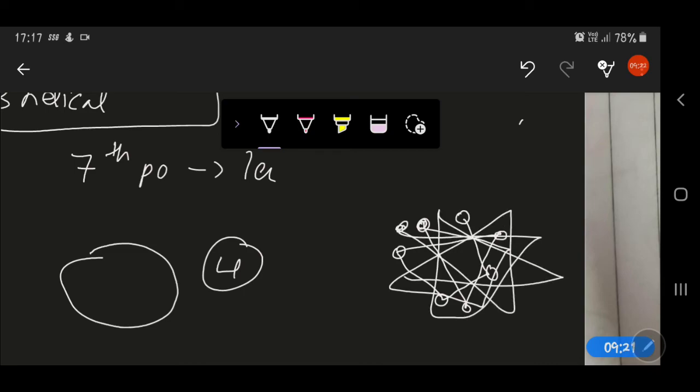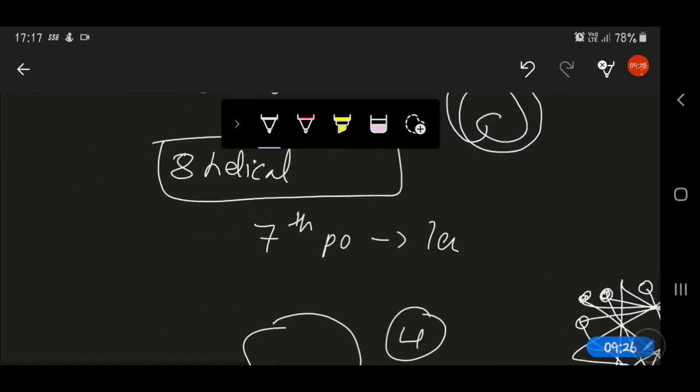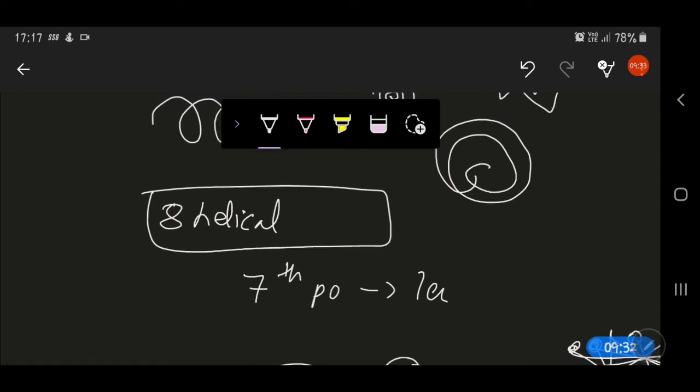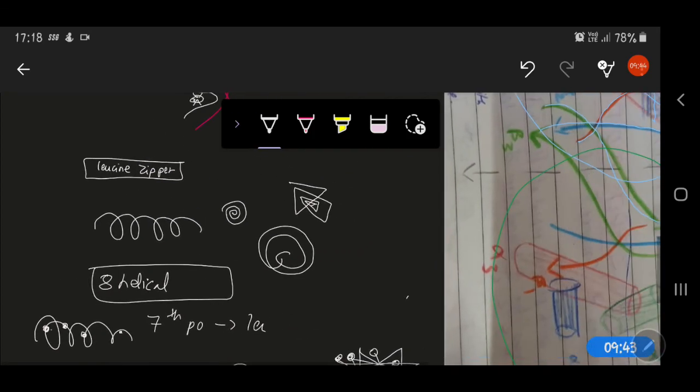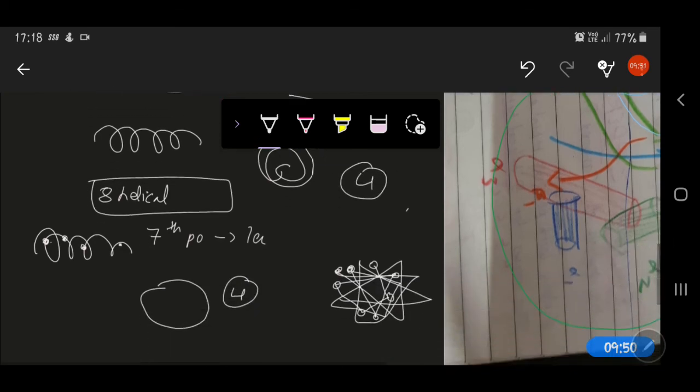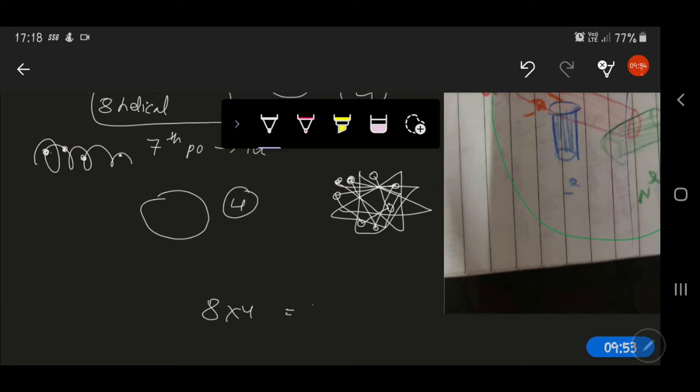In this way a helical structure forms in which at every 7th position there will be leucine, and there are 8 helical turns in total. So a structure is formed in which every consecutive 7th position is leucine. This type of model is called the leucine zipper motif. So in total there are 8 helical turns and 4 amino acids in 1 turn. So 8 times 4, there are 32 amino acids in total in one leucine zipper motif.